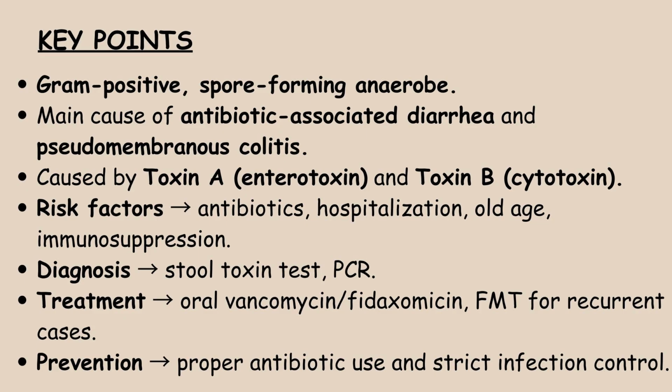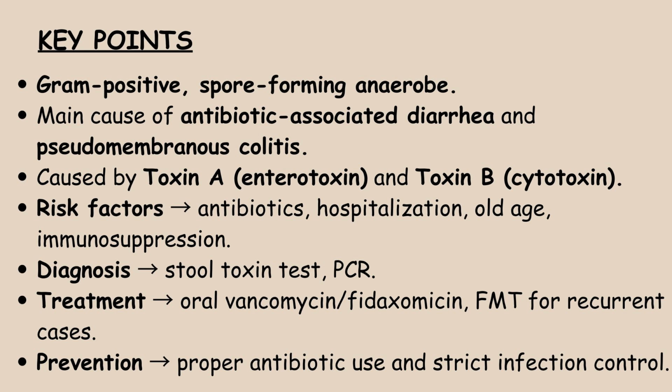Let us quickly revise what we learned in today's lesson. Clostridium difficile is a gram-positive spore-forming anaerobe. It is the main cause of antibiotic-associated diarrhea and pseudomembranous colitis. The infection is caused by toxin A, an enterotoxin, and toxin B, a cytotoxin. Risk factors include antibiotics, hospitalization, old age, and immunosuppression.